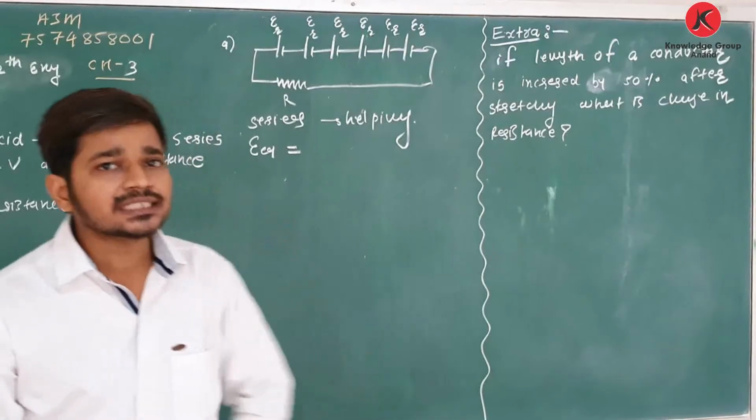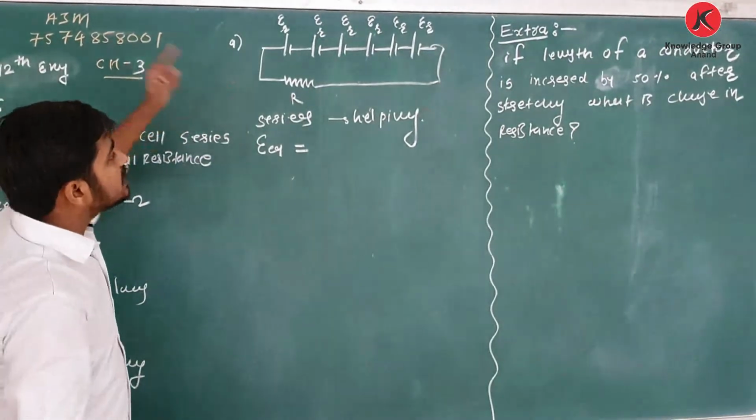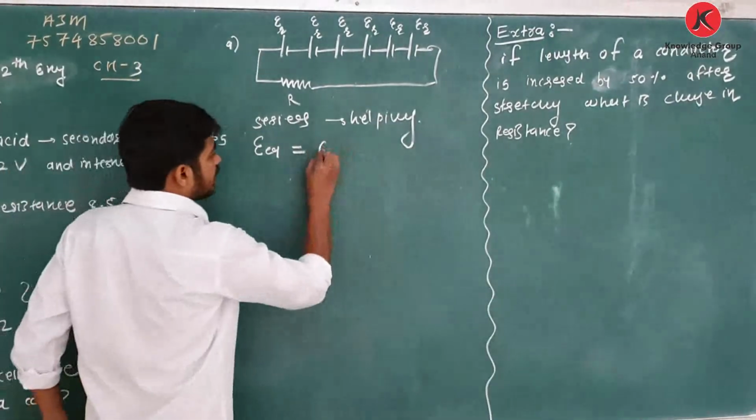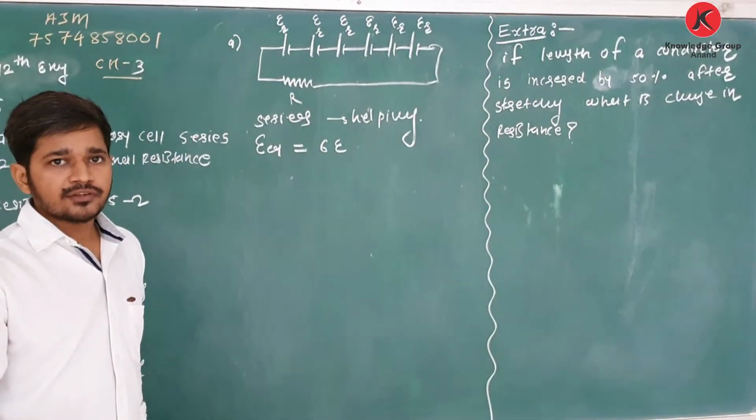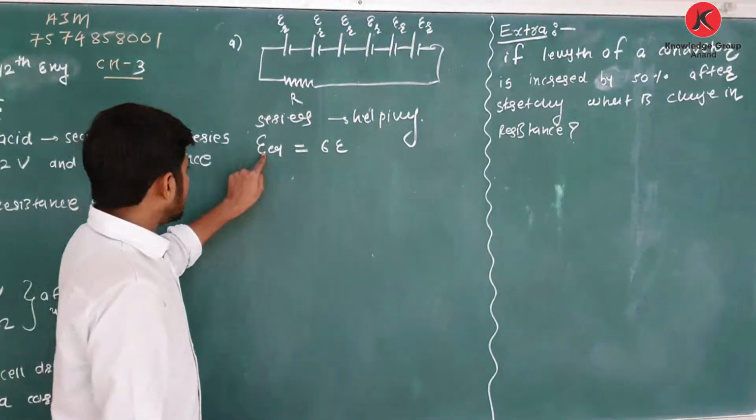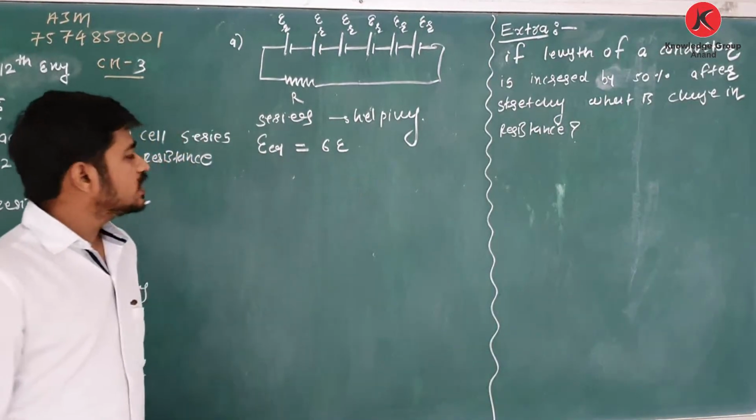Here you have 6 cells, each with the same EMF, so you can directly write E equivalent is equal to 6E.